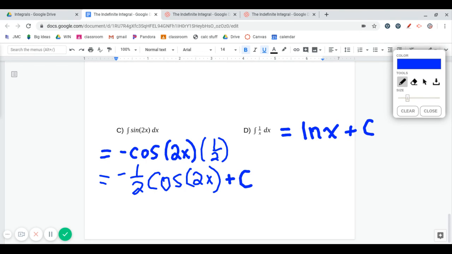Plus c over here too, because it's an indefinite integral and we don't know if there's a constant. So we need a plus c here. Any constant added will still get us this as a derivative. So back to part D: the integral of 1 over x dx equals the natural log of x plus c, because the derivative of the natural log of x is 1 over x.